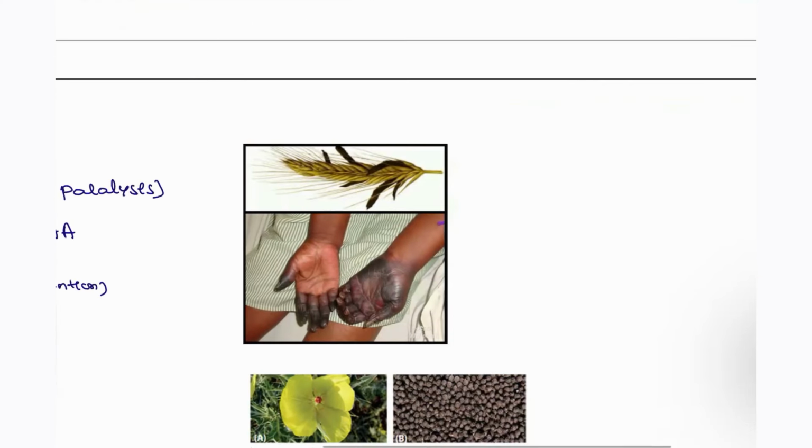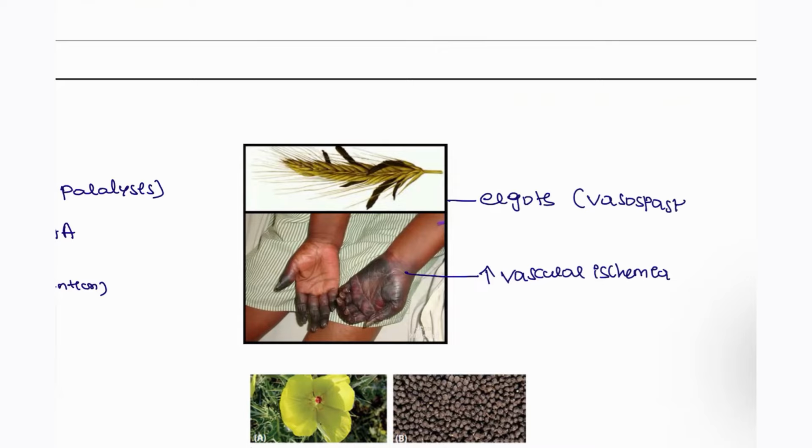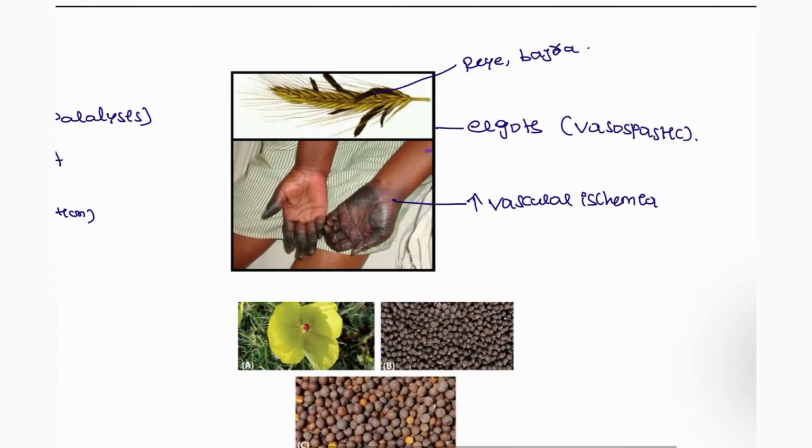Next, these are ergot alkaloids, which will cause vascular ischemia. Why is this vascular ischemia seen, guys? This is going to be vasospastic. This is seen in rye and bajra, in the northern regions. Next, these are the Argemone seeds.